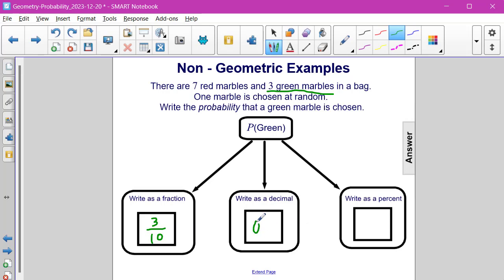As a decimal, that's written as 0, then the decimal point, and a 3 afterwards. This is 3/10. And as a percent, that's going to be 30%. And remember, when converting decimals to percents, you're multiplying the decimal value times 100, or moving the decimal point 2 places to the right.